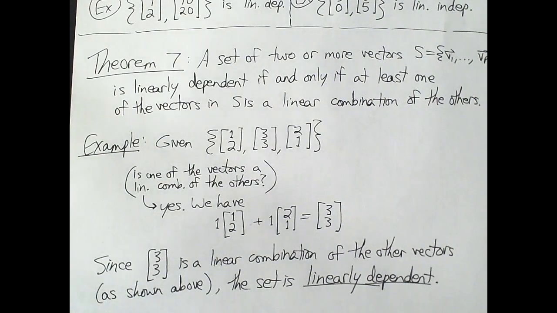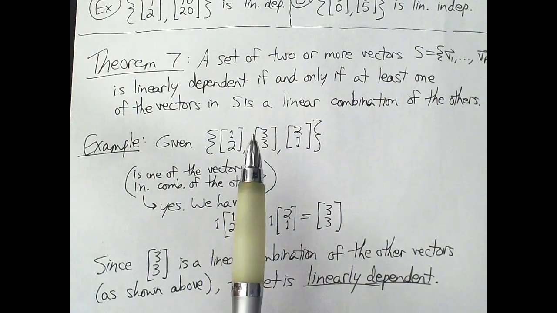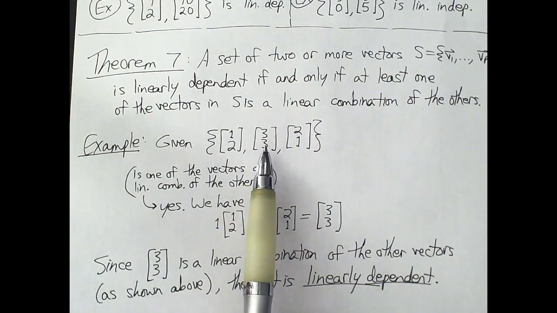I did not have to set up a system and solve it, because in this case, the vectors were simple enough that I was able to look at them for a minute or so. And after looking at them for a minute, I was able to spot the linear combination. I was able to say, wait a second, that one looks like the other two added together.